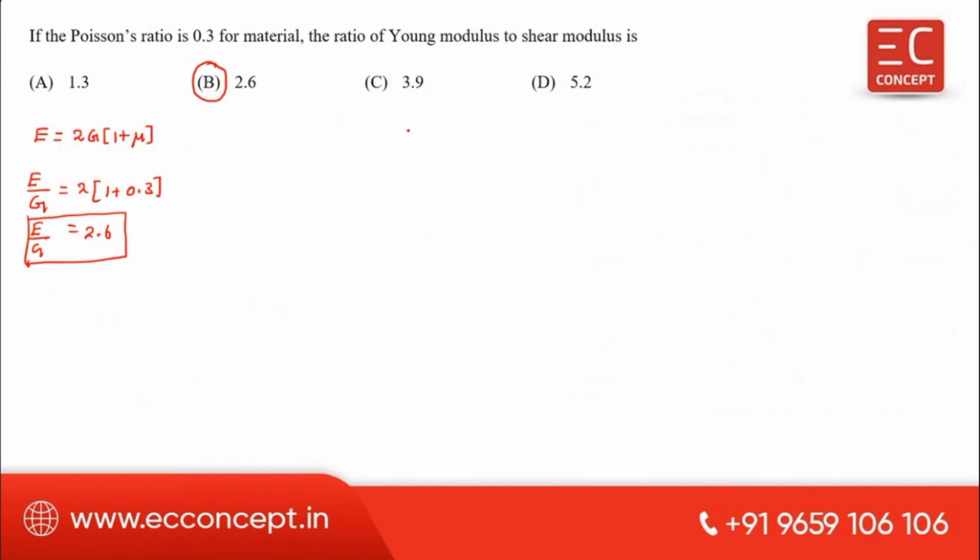And also you have to remember some of the relations. E is equal to 2G(1 plus mu). Next, E is equal to 3K(1 minus 2 mu). Next relation, E is equal to 9KC divided by (3K plus C).